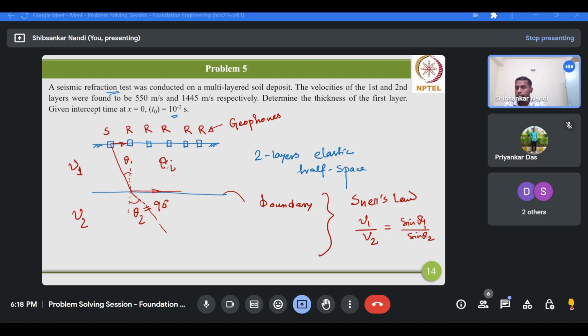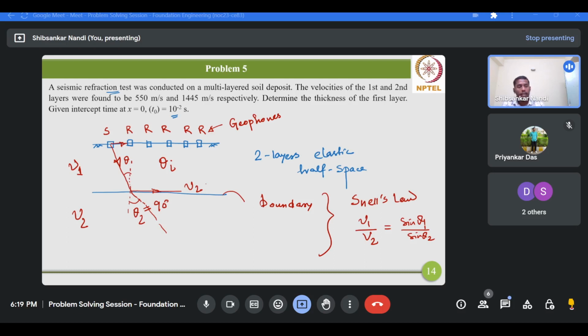So there is a critical incidence angle for which the refracted wave will travel parallel to the boundary with a velocity of v2. Where the stress wave travels with v1, the velocity of the upper layer, here the stress wave travels parallel to the boundary with the velocity of the lower layer.